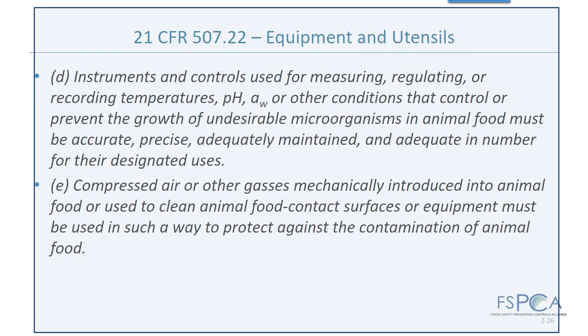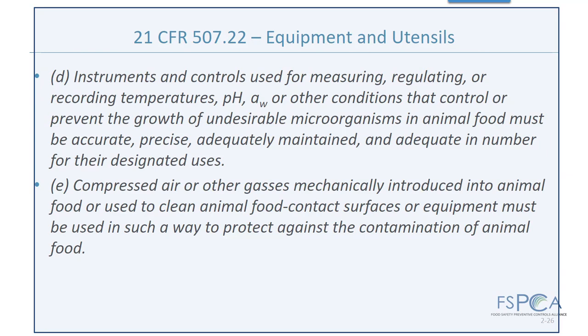So this again is a very specific statement: if you're going to use these tools to help control your hazards, they need to be accurate, precise, adequately maintained, and adequate in number to make sure you are actually controlling that hazard.